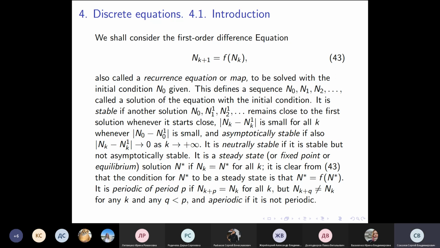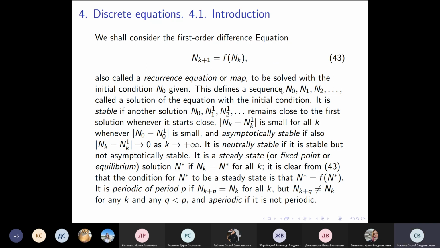So first of all, a few words about stability, stable solutions, equilibriums, and so on. First of all, the solution of our difference equation is a set of numbers.